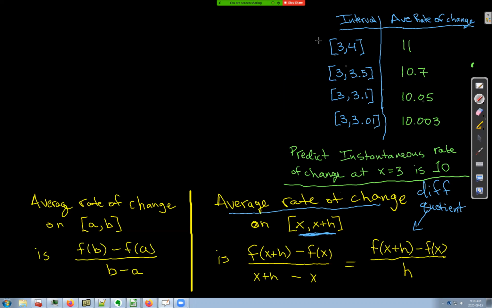This interval right here, I could think about it as the interval from 3 to 3 plus 1. Right? I mean, 4 is 3 plus 1.